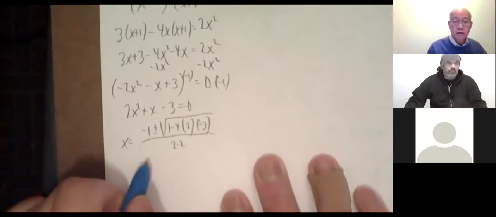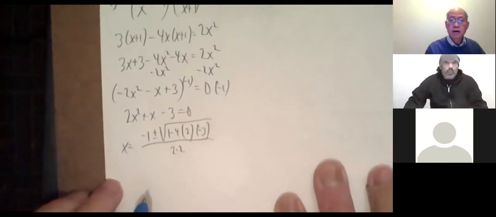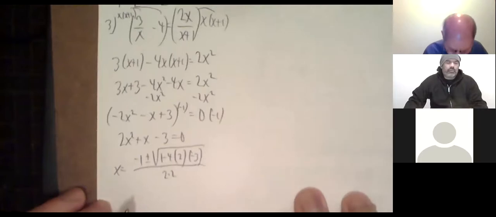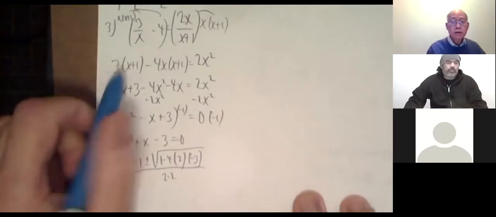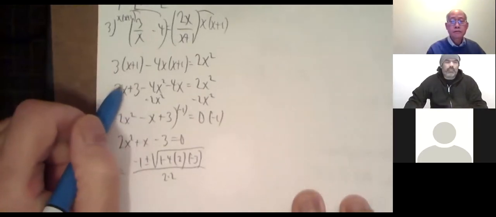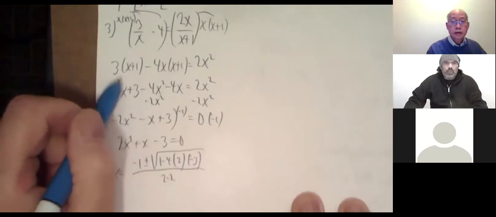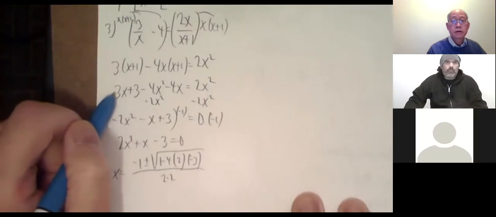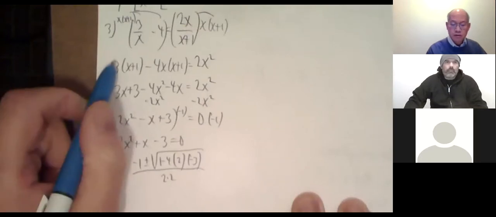Mr. Holm? Yes. In the original test, you had it as 6x squared plus x minus 3. Yeah, I'm noticing something's not right. So 3 over x minus 4 is 2x.